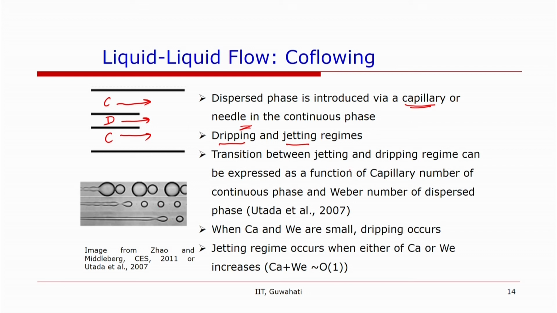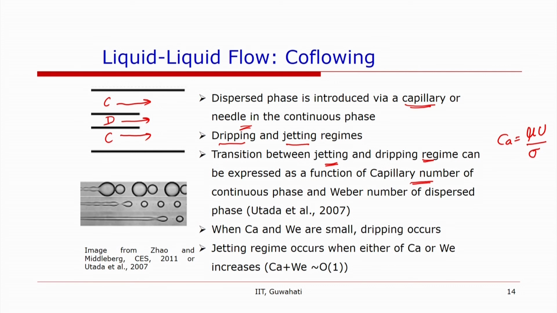The transition between jetting and dripping regimes has been attributed to the capillary number, which is basically the interplay of mu u over sigma, the viscous forces and the interfacial forces. In all the cases, the T-junction, co-flowing and flow focusing devices, and any other focusing or mixing devices for liquid flow or gas-liquid flow, the capillary number is the major factor, the interplay of the interfacial and viscous forces.